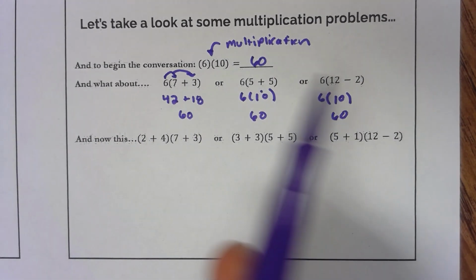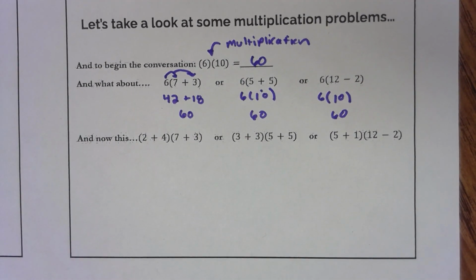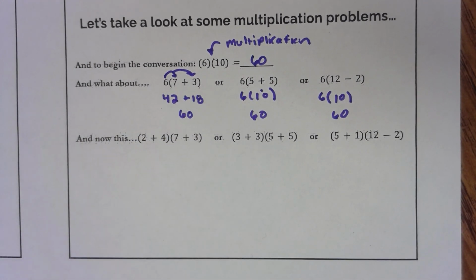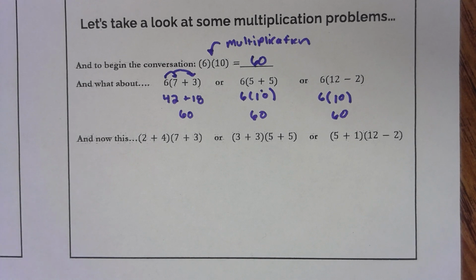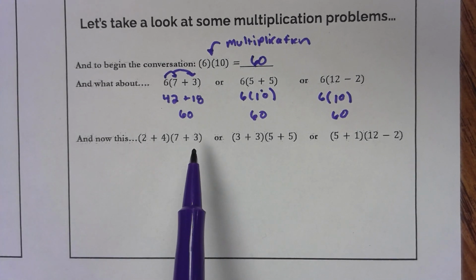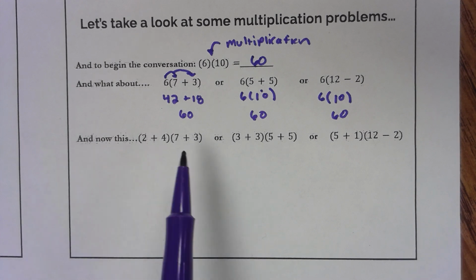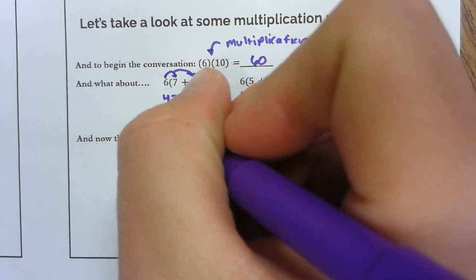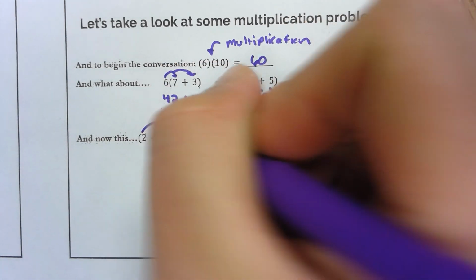Again, when I see this, I probably would have simplified inside the parentheses and then done the multiplication, rather than multiplying twice and adding those after. What we're going to work on today is where we have 2 terms times another 2 terms. Now, if we were to do this using the distributive property, we would do 2 times 7 and 2 times 3.